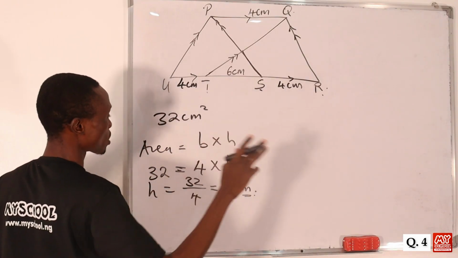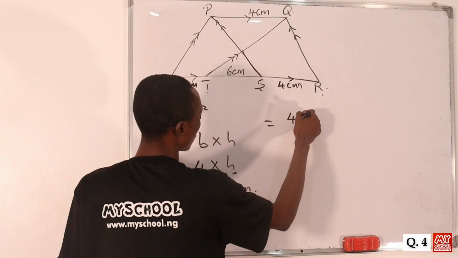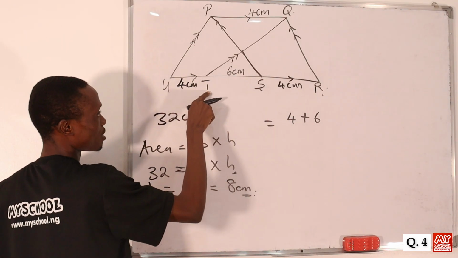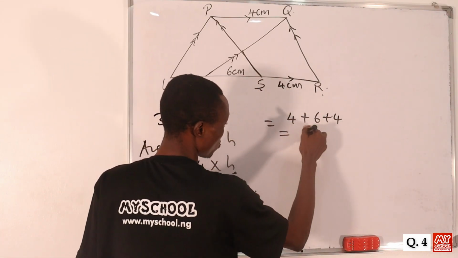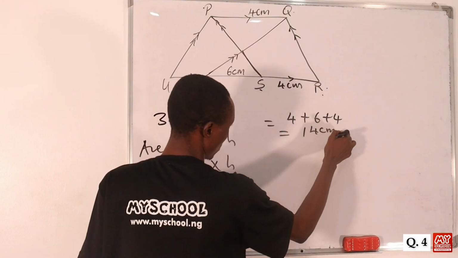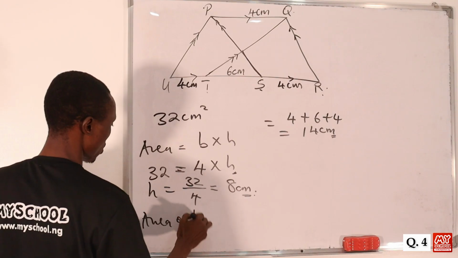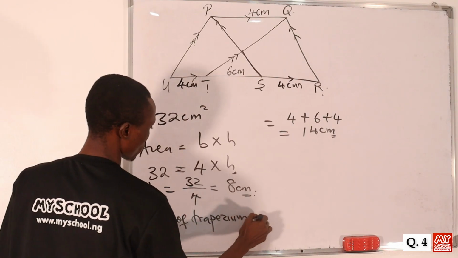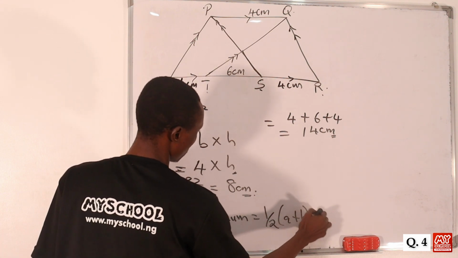So if PQ is 4 centimeters, then UT will also be 4 centimeters, and S arrow will also be 4 centimeters. So that line U arrow is now equal to 4 plus 6, remembering that this part was given to us, which is line TX, then plus 4. If we add this together, this is equal to 14 centimeters. Remember that the area of a trapezium is calculated using the formula 1/2 (A plus B) times height.